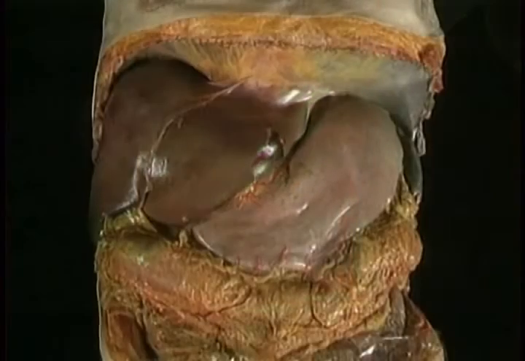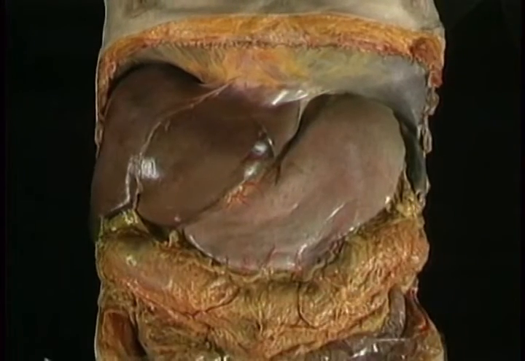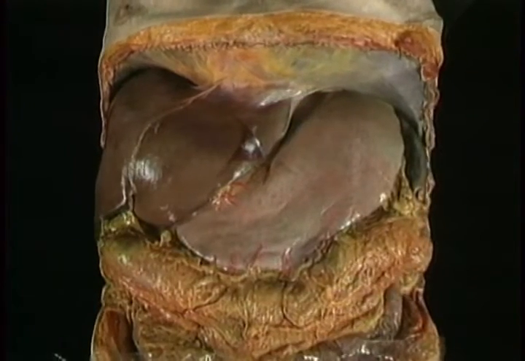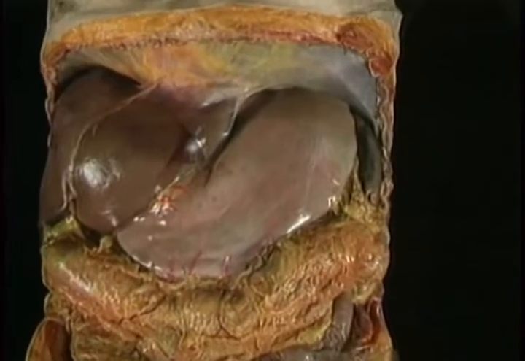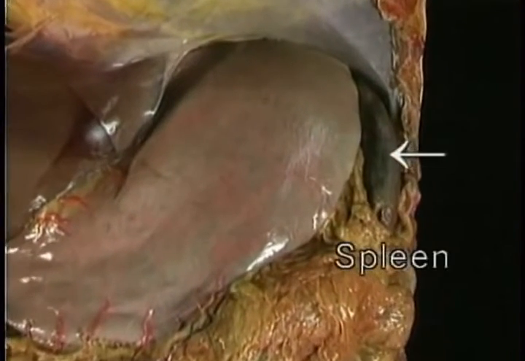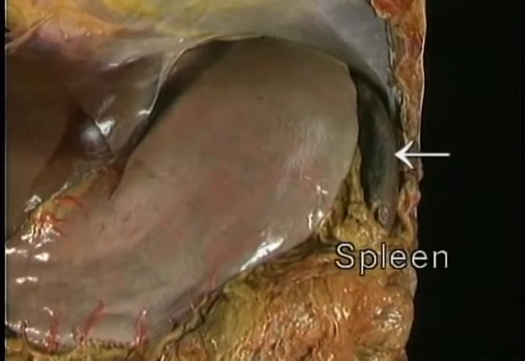To see the spleen, we'll go back to this dissection, in which the lower ribs have been removed and the diaphragm stretched flat and stitched to the cut edge of the chest wall. Here's the spleen, lying between the stomach and the rib cage.